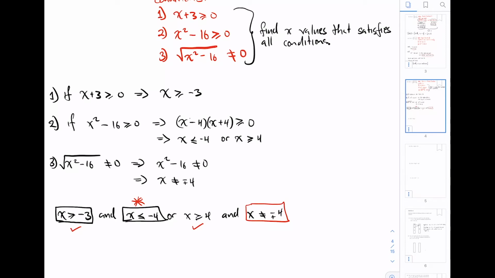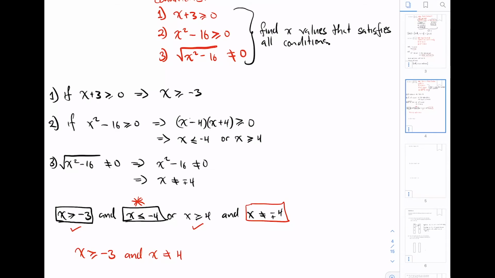So therefore, combining these three conditions together, we end up with x is greater than or equal to -3 and x is not equal to 4. Okay?